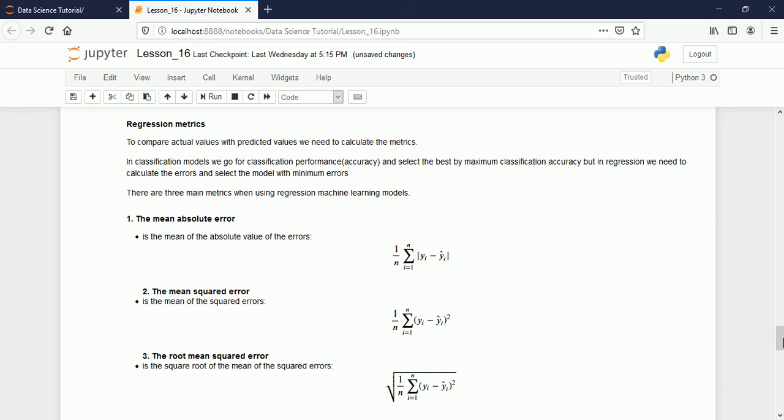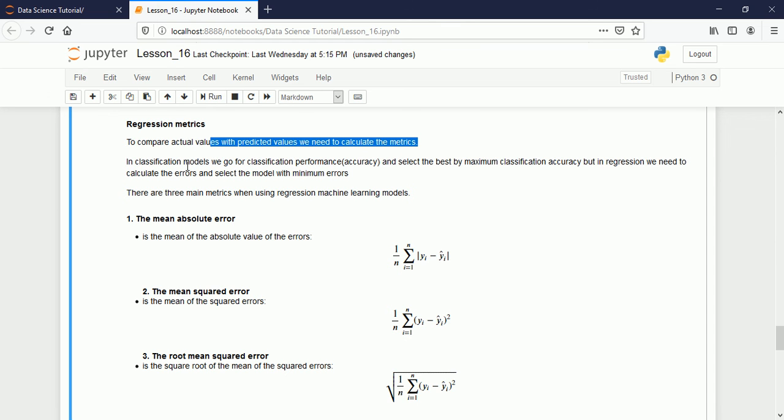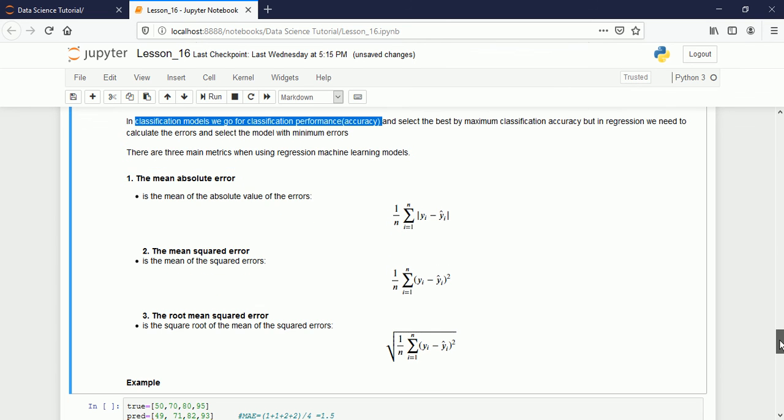Now we talked about how the regression model has some metrics that we have to calculate, friends. To compare actual values with predicted, we need to calculate the metrics. It is not a classification model, but a regression model. We are not going to calculate the classification accuracy or model performance, but we are going to calculate the number of errors, and we have to minimize the number of errors by adding and removing features.